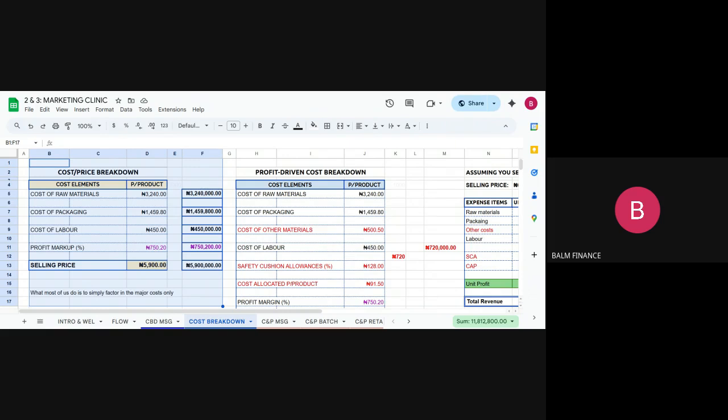And let's say things like defective goods, some goods were not good enough, you realize that there were some spills and wastages during production, you spend from this 750 to pay up all of that. And you also have to keep something aside to grow your business, not necessarily just to expand for expansion's sake. You need to move from making 10 cartons to making 12 cartons. Everything is on this 750.